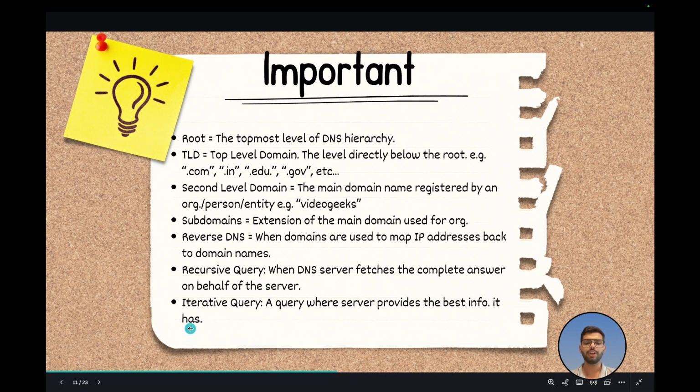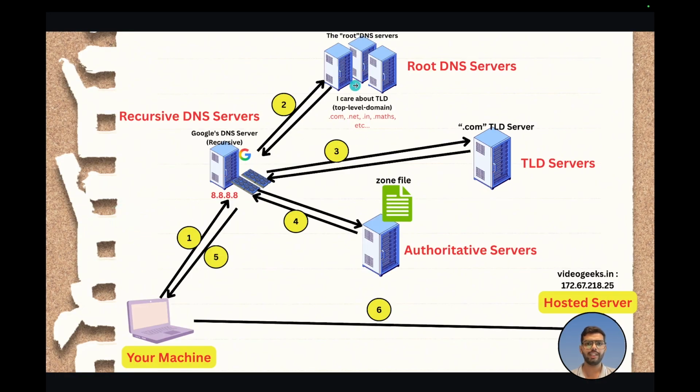We also have something called an iterative query. That means a query where the server provides the best information it has. So here, let's say TLD servers are iterative. That means it is like a static mapping of servers. It doesn't look up recursively for TLD servers, let's say for .com, for .net, anything else, right?